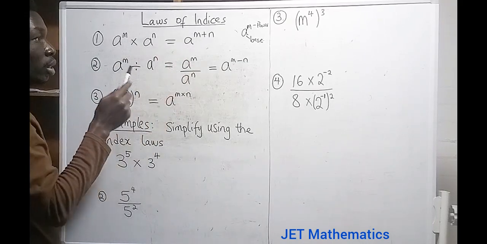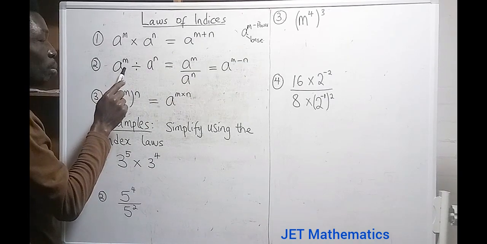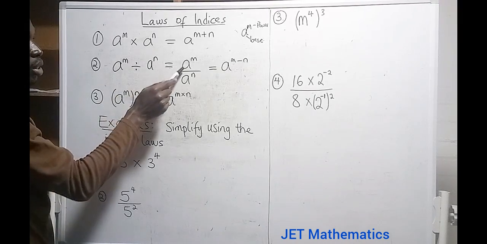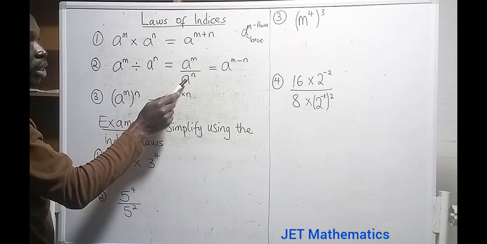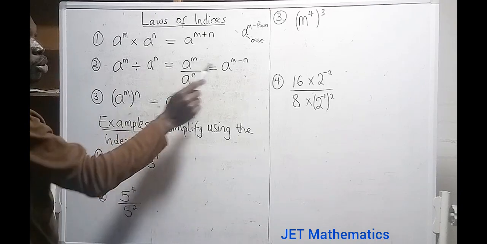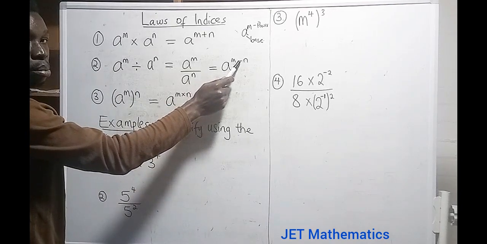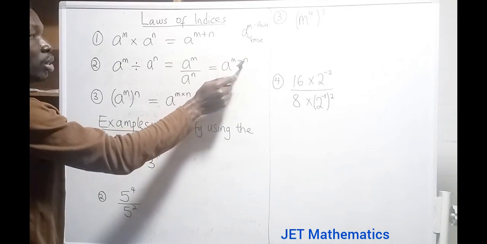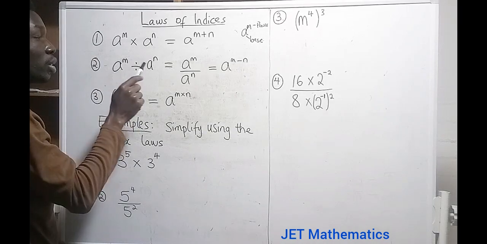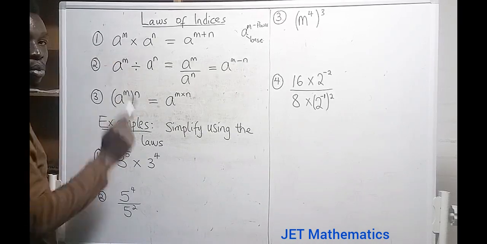Okay, this also happens here in the second law, but this time is division, which can be written like this. Now since the bases are also the same, but this time is division, so you subtract the powers. Okay, you subtract the powers, but you must always ensure that the bases are the same first.